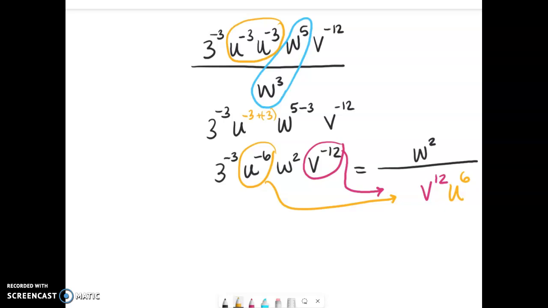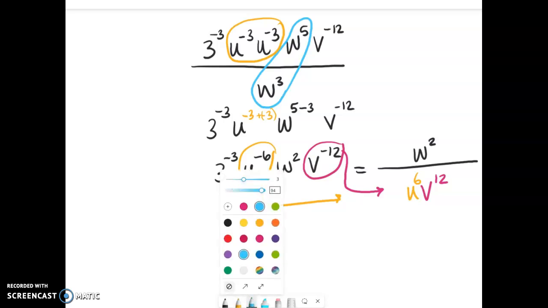Now, yes, I know the u was in front and the v was second, but with multiplication, it doesn't matter what order. Typically, we put them in alphabetical order, so I'll move it in front because u does come before v in the alphabet. So it will go down here. And then the last one with the negative exponent is the 3.